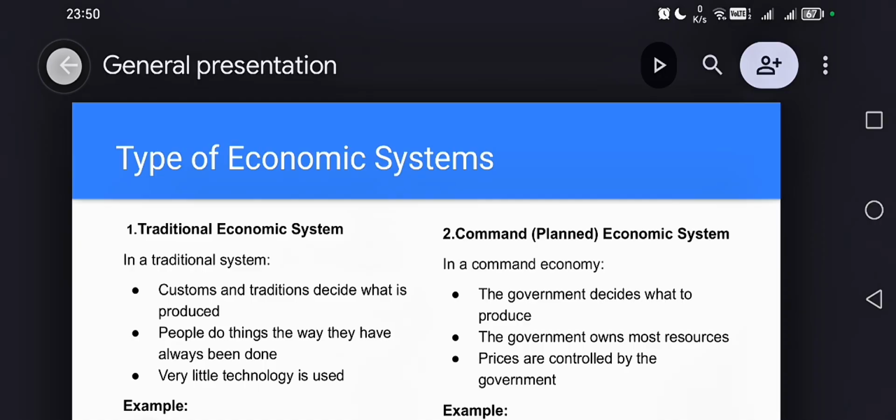Mainly, the government focuses on the social welfare of its citizens, so they provide goods and services like education, healthcare, safety for their citizens, infrastructure development, all of those goods and services that are good for the welfare of the people. So in this case, the government owns most of the resources, and prices for goods and services are usually controlled by the government.